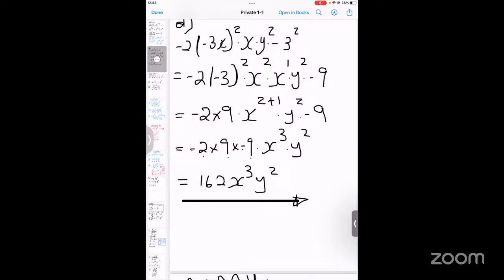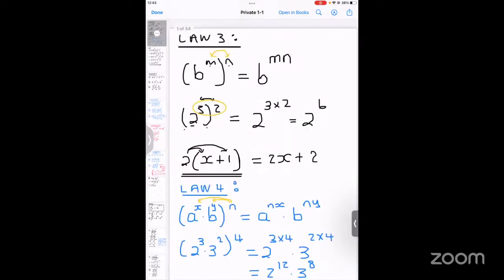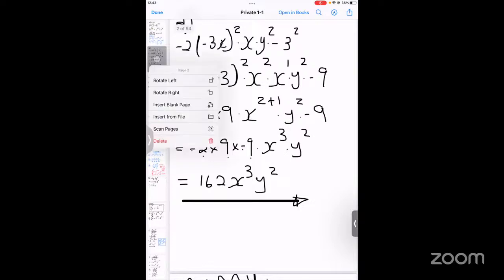You can already see that in some questions I've applied law 1, law 2, law 3, and law 4. So that is the goal, where you have a problem and you need to apply all the laws.